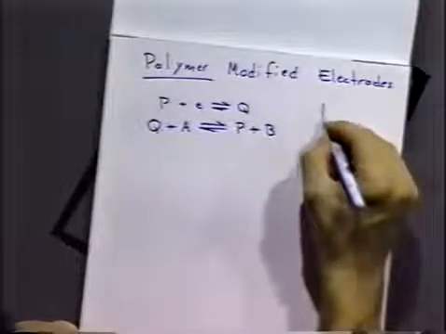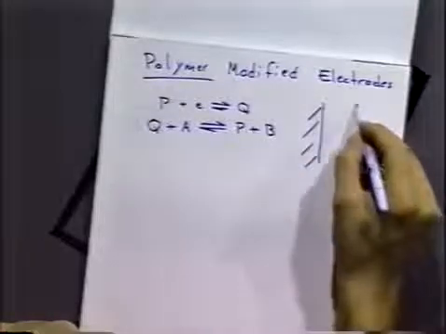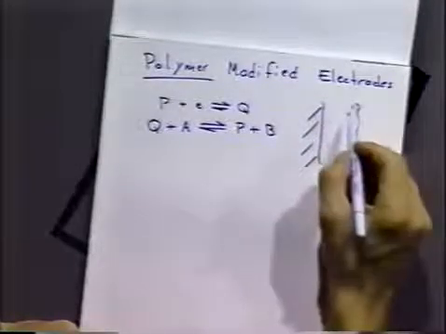So the idea here would be you'd have an electrode, you'd have some polymer modified surface.